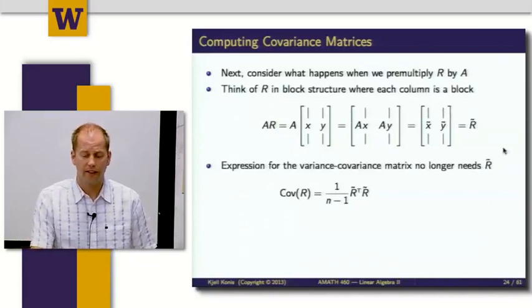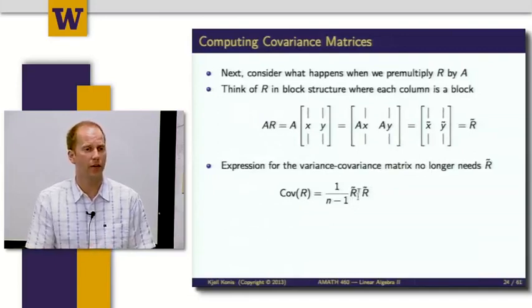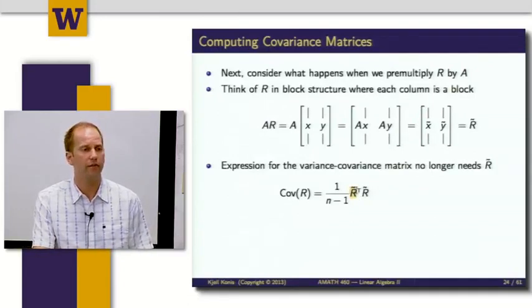So now let's think about what's going to happen when we stick this into our expression for the covariance matrix. So in the previous set, I had to define the covariance. I needed to subtract the mean, and then I could calculate the variances and covariances. So I needed to first make this matrix R tilde, and then I could compute the covariance.